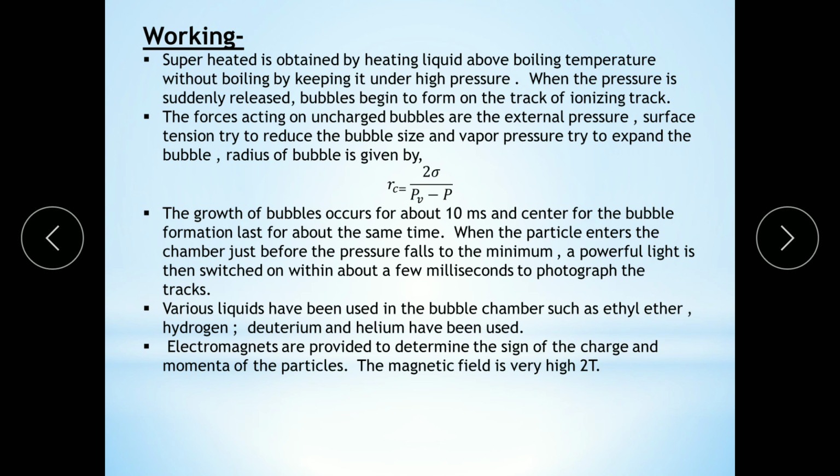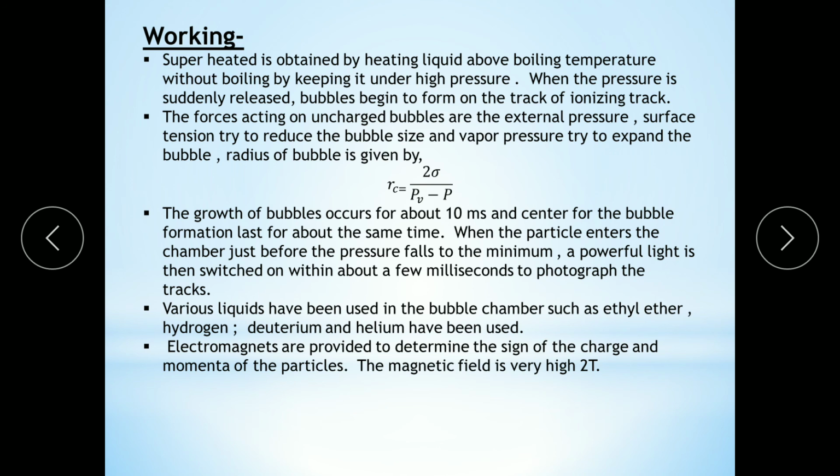The radius of the bubble is given by R_C equals 2 sigma divided by (P_V minus P).